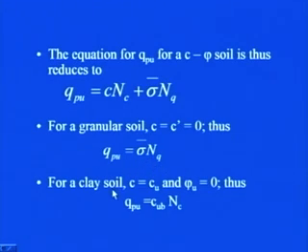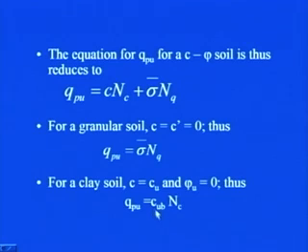For a clayey soil, what will happen? In undrained condition, your angle of internal friction will become 0 and c will work out to be undrained cohesion. So, the second term will go, because this Nq value depends on the value of phi, and when it is 0 this will become 0. So, QPU will simply be equal to cNc and c is equal to cu.